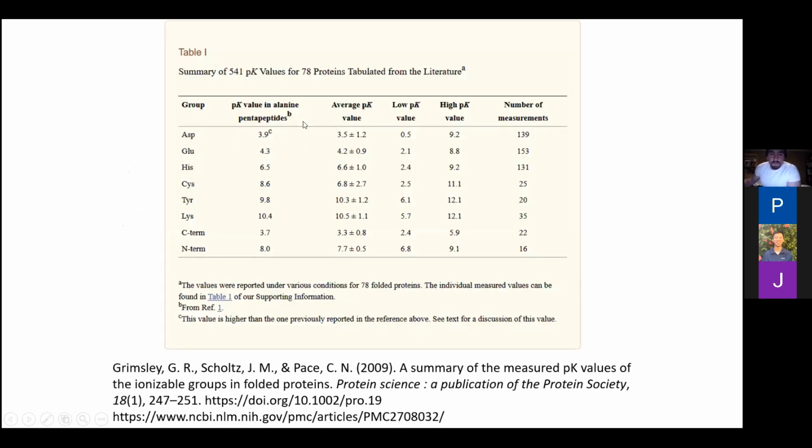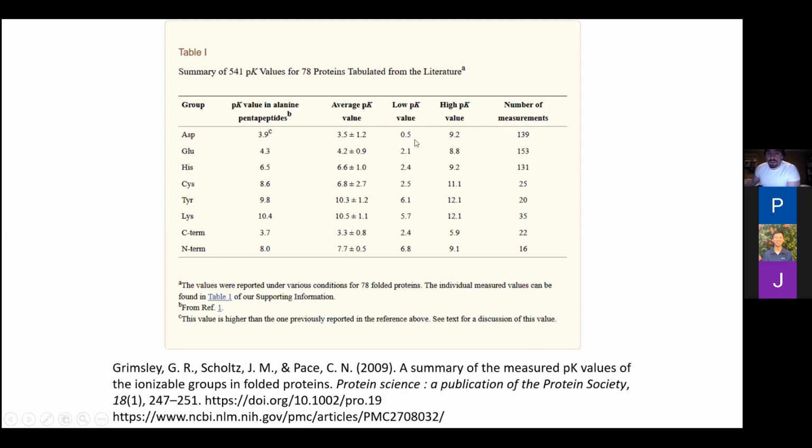To make things more quantitative, there is a journal article about this very phenomenon, and they actually measured the values. You can see the second column is the base case, then the average, the lowest among the ones they measured, and the highest pKa for the residue.